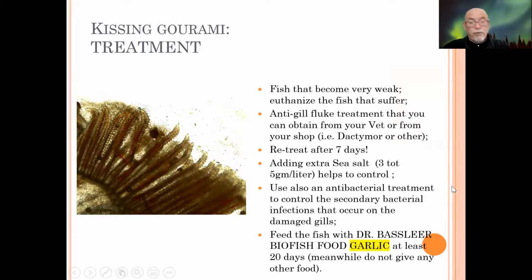Do not give other food in that time, because that food helps so that the worms don't like to remain on the gill tissue. So those are all extra things you can do. We also can recommend siphon off the bottom to remove parasites, or cleaning the filter to remove eggs or parasites. So those are all things you can do to help to control this infection, like here on this kissing gourami.